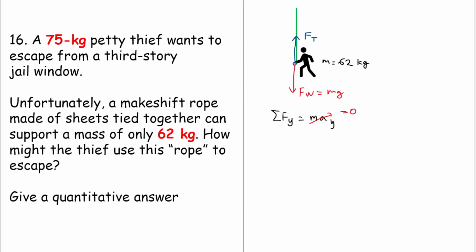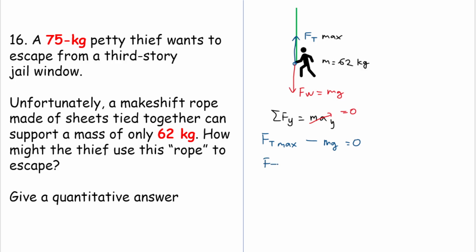Now this is the maximum tension of the rope, so we'll have Ft max in the positive direction, and then minus the weight of the thief if he is weighing 62 kilograms, so mg here, and that equals 0.